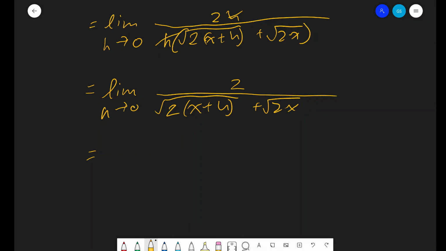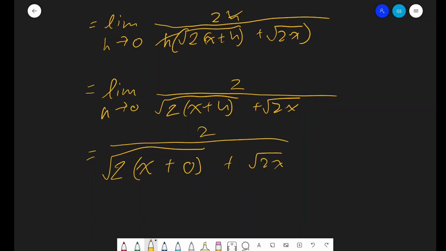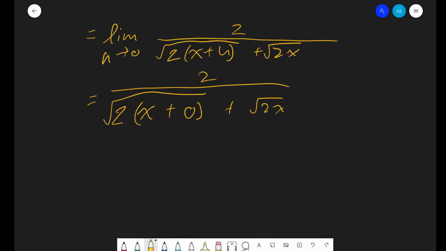So that would be root 2x plus 0 plus root 2x over 2. And I'm just doing one step at a time because I don't want to confuse anyone. Otherwise, for some people I may be going too slow, but I'm doing that on purpose.